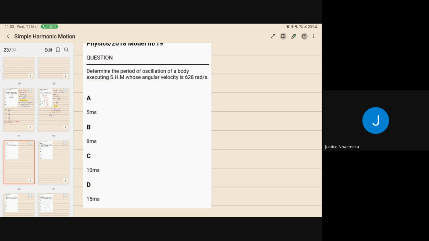Anybody? Did I solve, or are you guys solving?